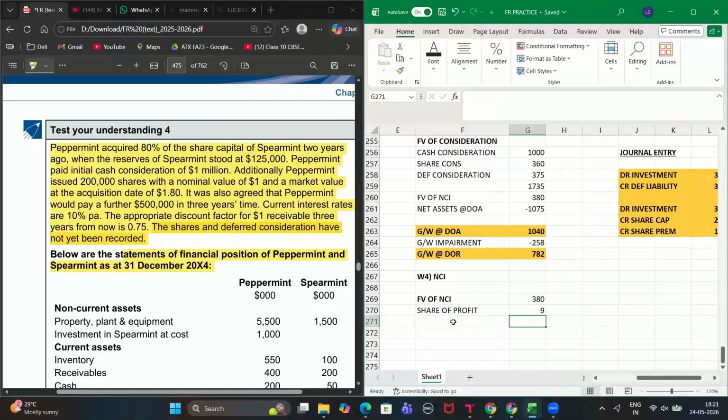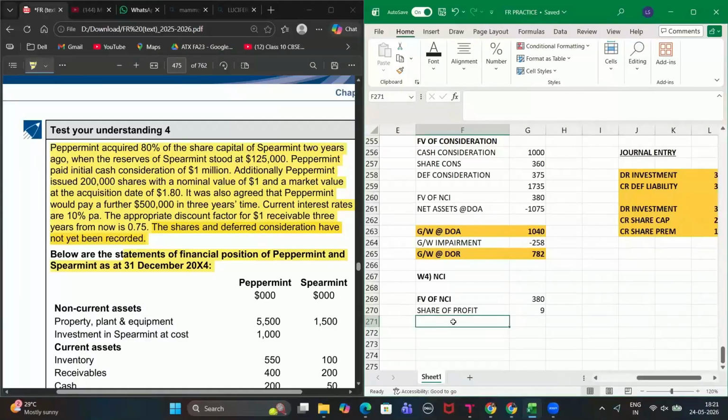What else? See, in which method did we calculate goodwill? Tell me, everyone in the chat box. Fair value. So, remember what I told about fair value.